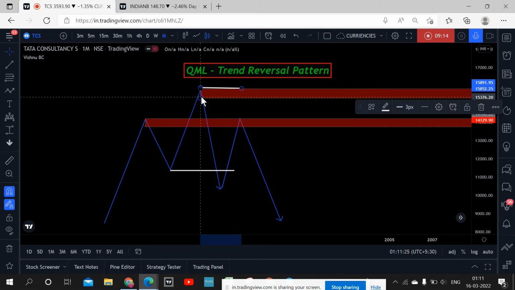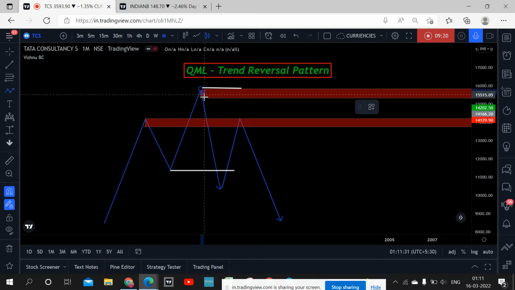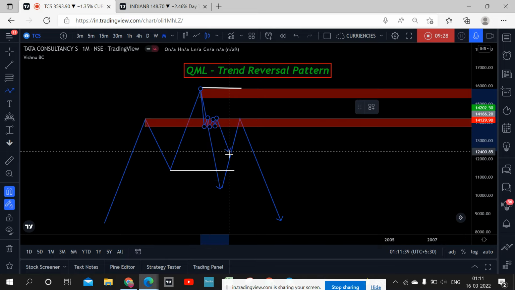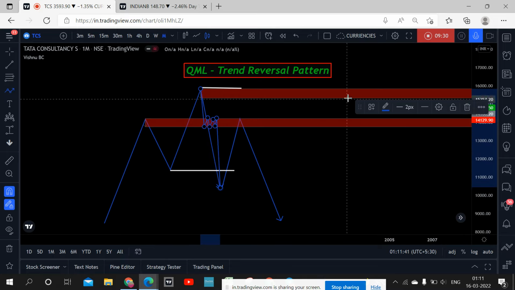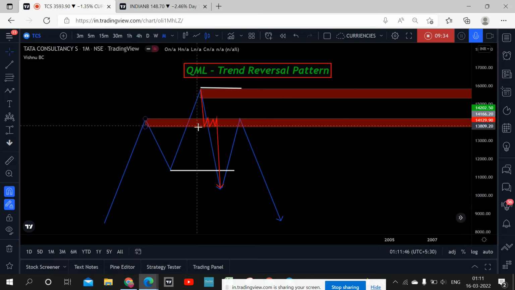I mean your leg, from the left swing low to swing high point. Try to identify candles where supply and demand zone or distribution has happened before making a fall. So this is one way to identify where institutions or the sellers have accumulated before making a fall.